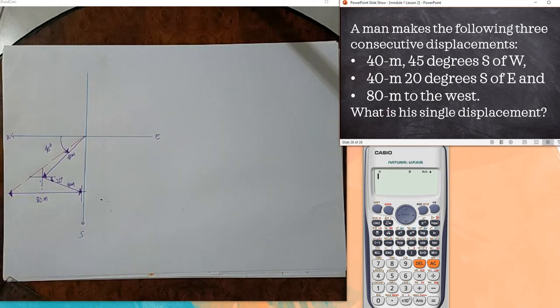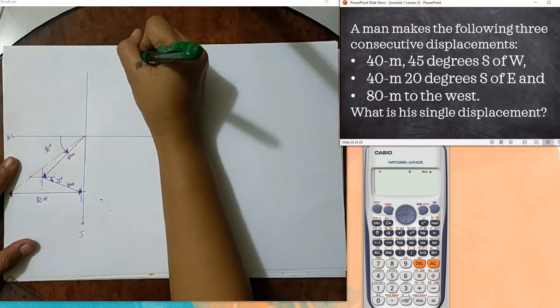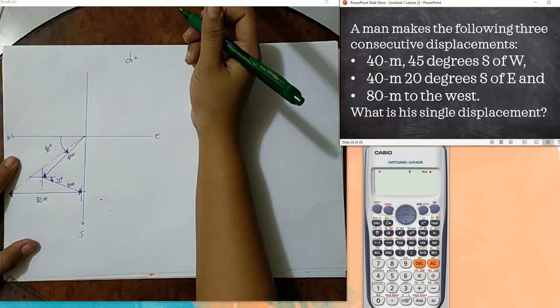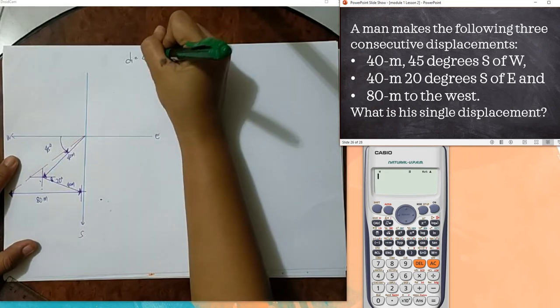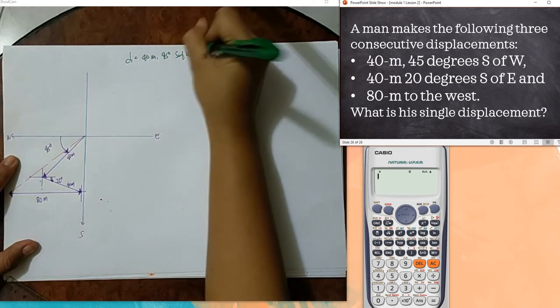Okay, now let us look for the x and y component of every given vector. So let me have this. D sub 1, this is 40 meters, 45 degrees south of west.